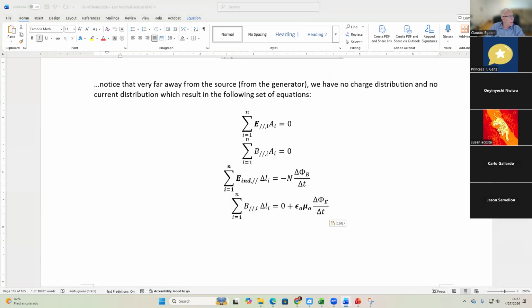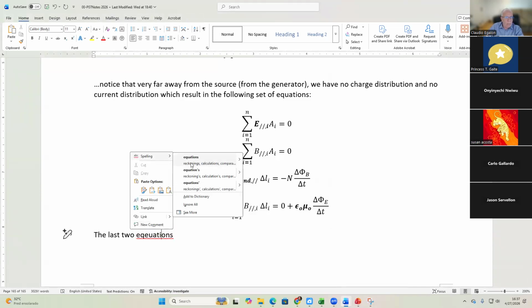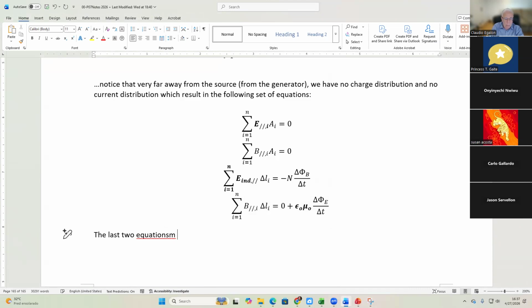Okay, and so what you end up seeing in the last two equations, when combined, leads to the wave equation. We're not going to do that here because it requires advanced calculus.